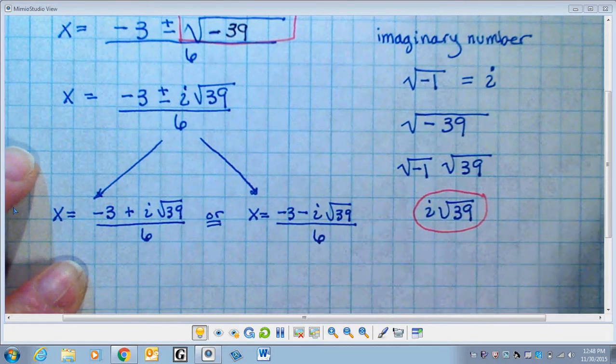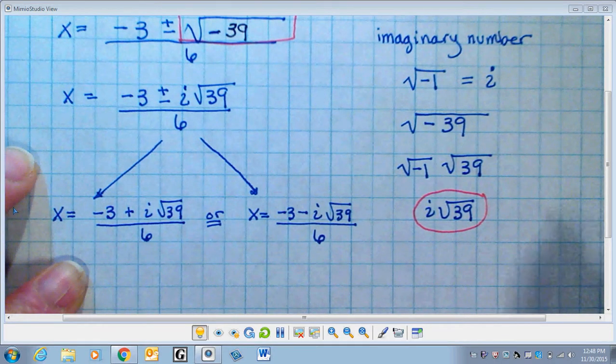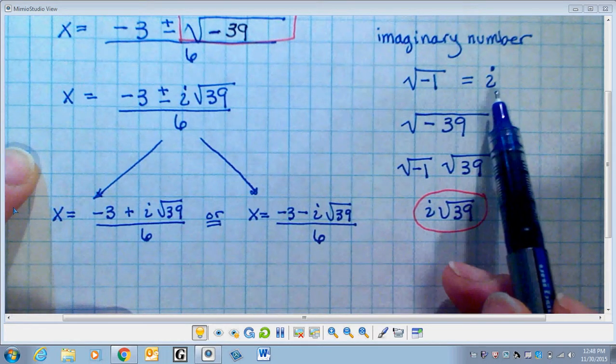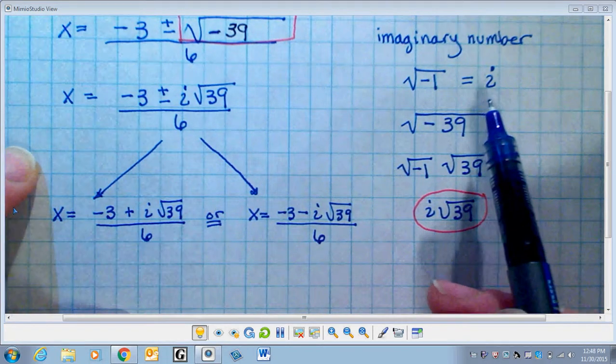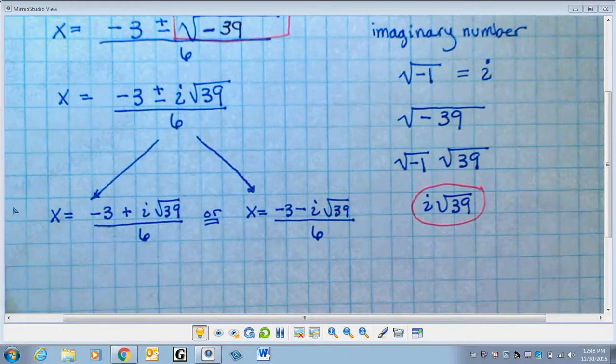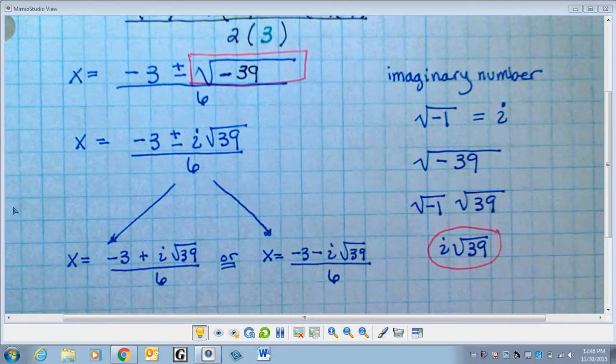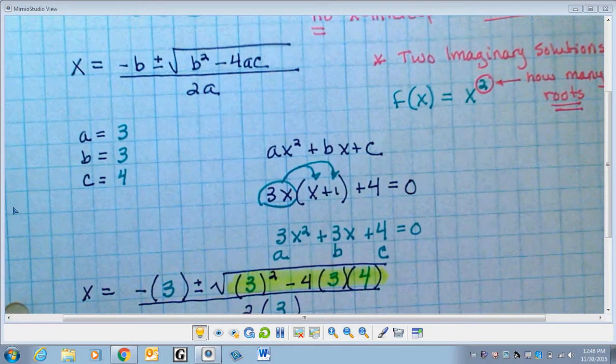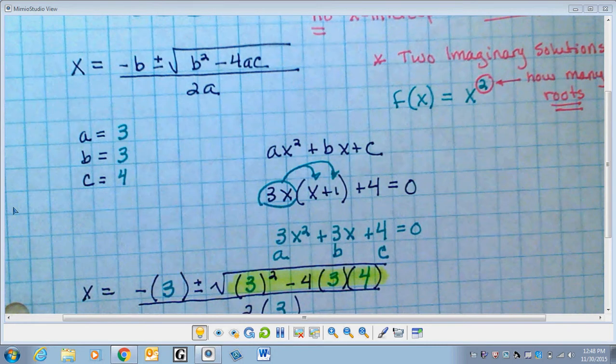Imaginary numbers actually are real numbers, are used all the time in electronics, and without the concept of the square root of negative 1 equaling i, you would not have such a thing as your cell phone. So I just thought I'd put that out there. So now you have one more tool under your belt to help you with finding the roots of a quadratic, especially when your roots are imaginary.